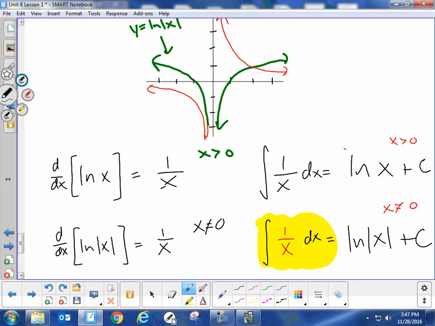Okay? If we go this way and I just start with log of x, well then I can get 1 over x because I'm automatically constraining my domain to positive x's. But if I go the other way, I'm going to have to really expand that logarithmic function. Okay?